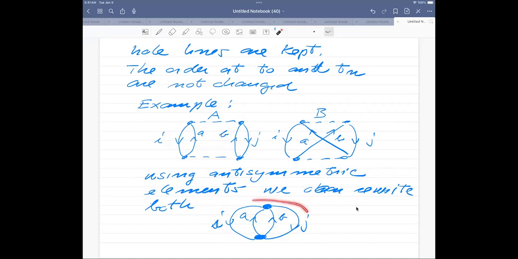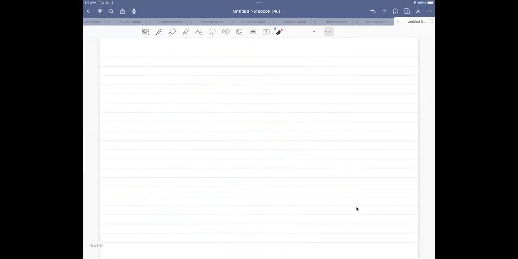So if this is the starting point, then two other diagrams are equivalent. The other two equivalent ones to this one would be this diagram here, which we drew last time, which looks like this.